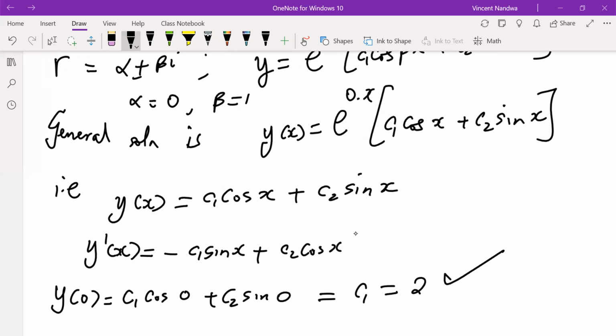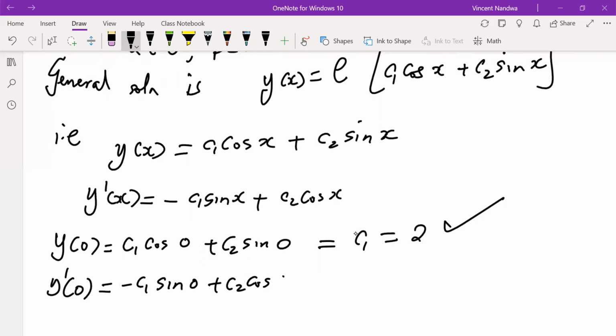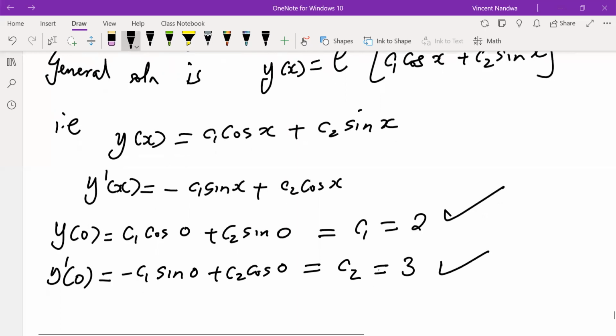So we have one unknown value, which is 2. And y prime at 0 will be negative c1 sine 0 plus c2 cosine of 0, which will be c2, and from the definition, y prime at 0 is 3. So this is the second unknown.